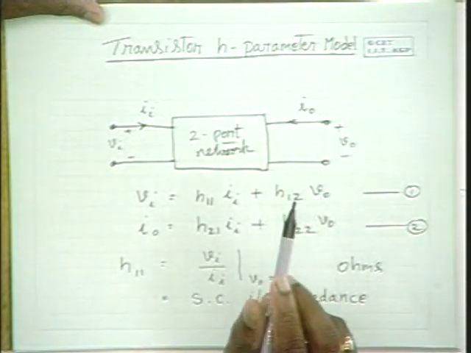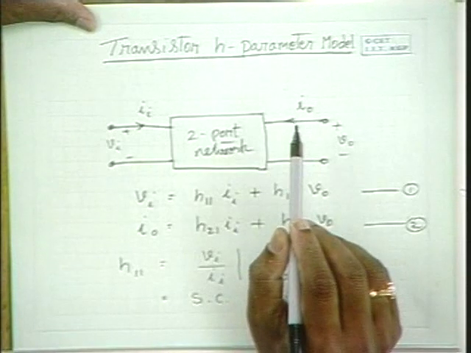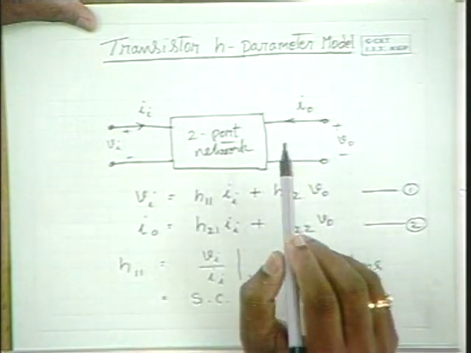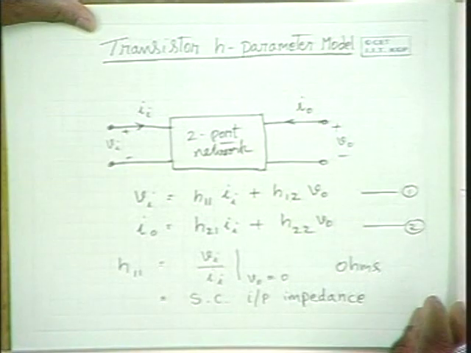But please note that the current gain is applicable only in the context of an amplifier. If it is any general two-port network, it doesn't give you any amplification as such. So it is only a current ratio, output to input current ratio. Therefore, this term H21 is going to be the short circuit forward current ratio, forward current transfer ratio.